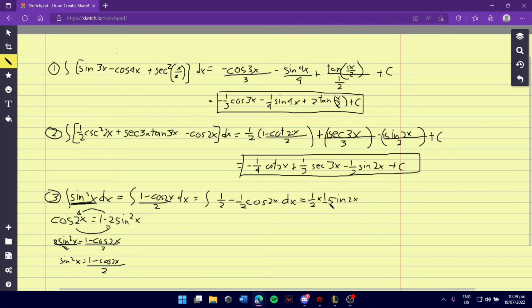Minus, separated by a negative sign. So negative 1/4 sine 2x. And then add our arbitrary constant since we're done integrating. That is our final answer.